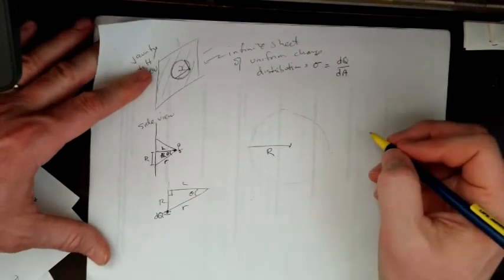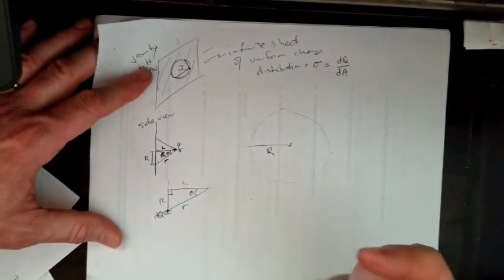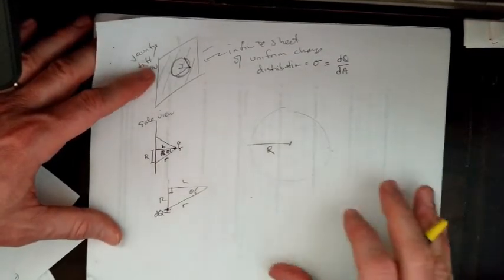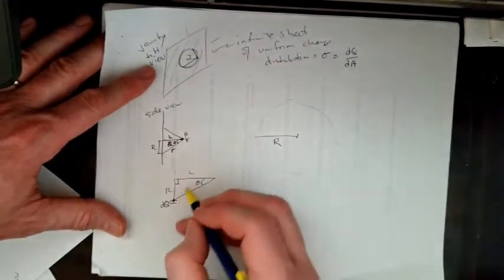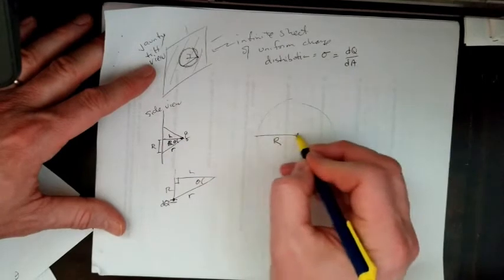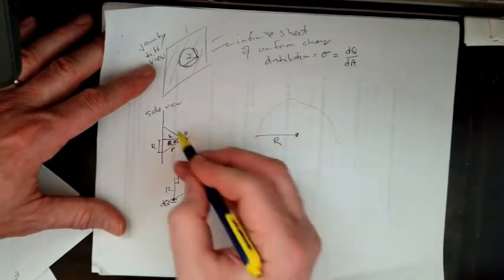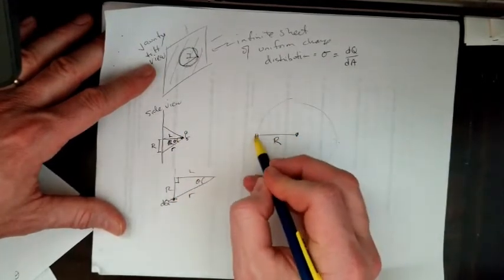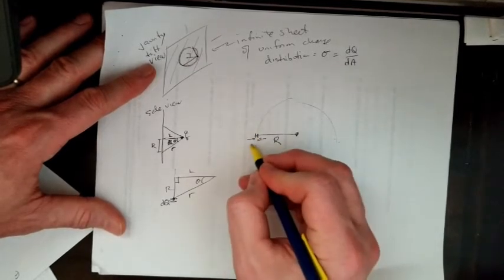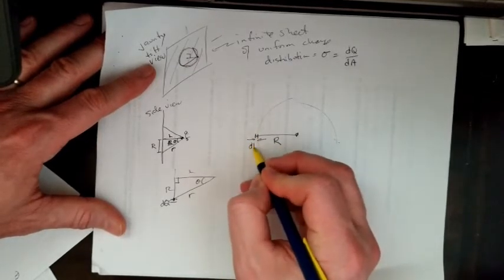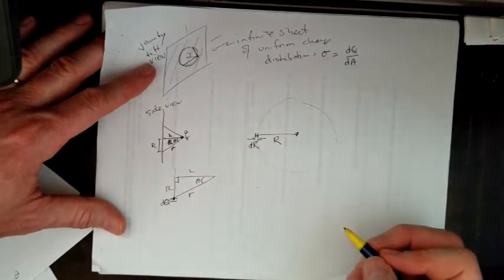Well, my area here, this is similar to what we did before, except it's slightly easier than when we were dealing with the spherically symmetric charge. Because as I look at this, the distance from the center of my hoop to this point is r. So the thickness of my hoop is dr. I don't have to worry about the angle at this point.